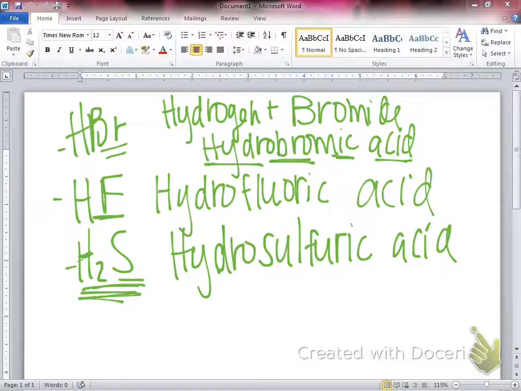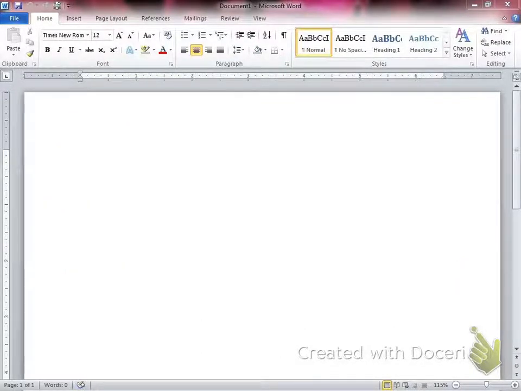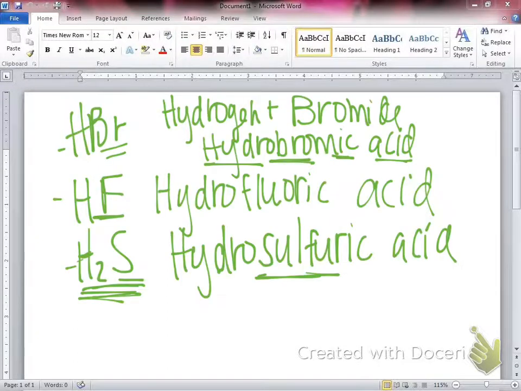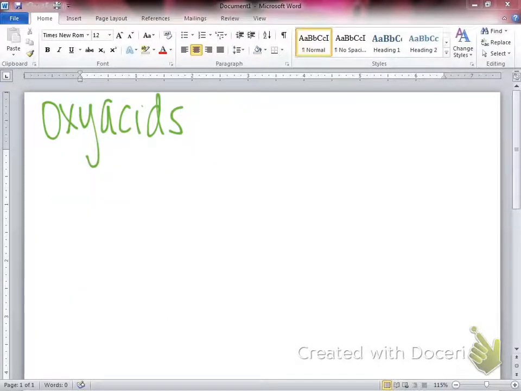This is where we get a little bit more complex and start dealing with our polyatomic ions. Since we have those memorized anyway, that shouldn't be a problem, right? Yeah, that's what I thought. Okay, so an oxy acid usually contains three elements, could be more than three.